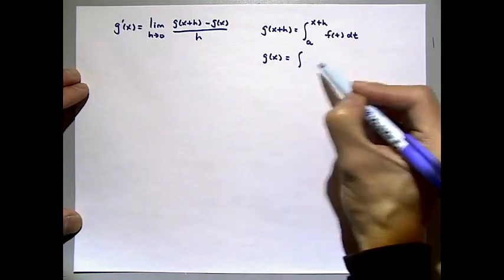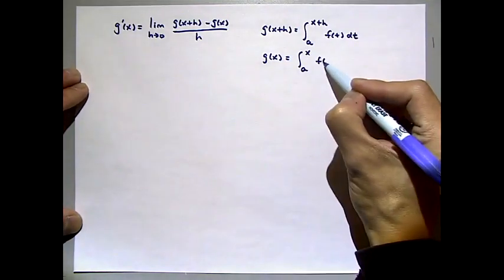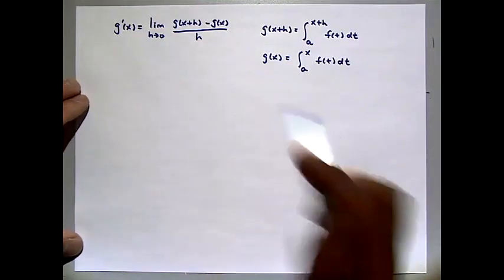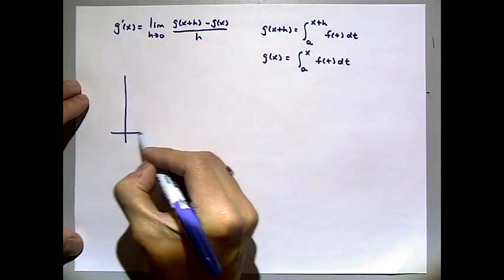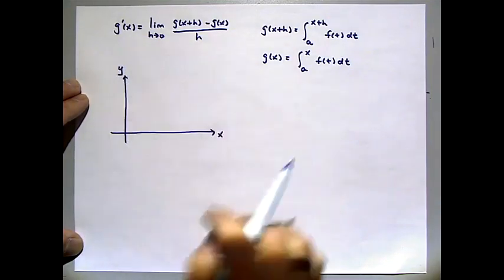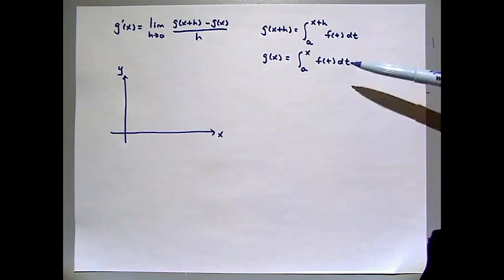G of x is the area accumulated from a up to x. And it's very difficult to deal with these things in their present form.